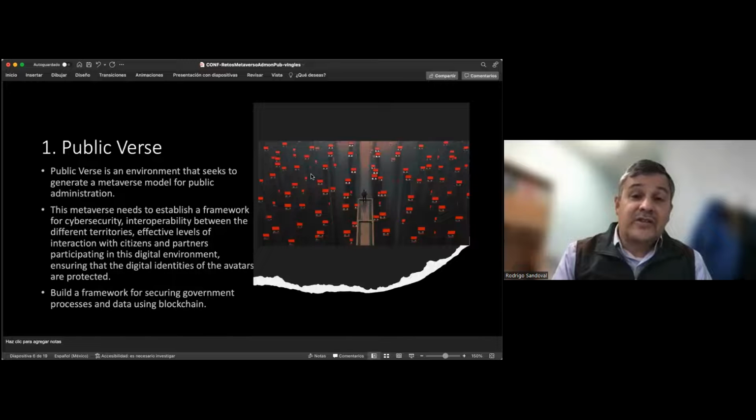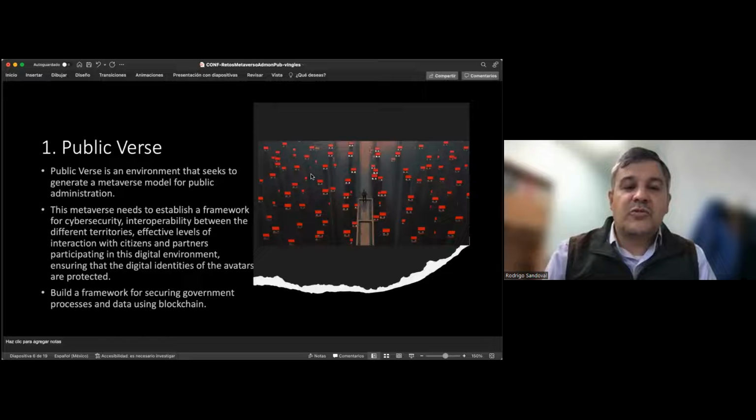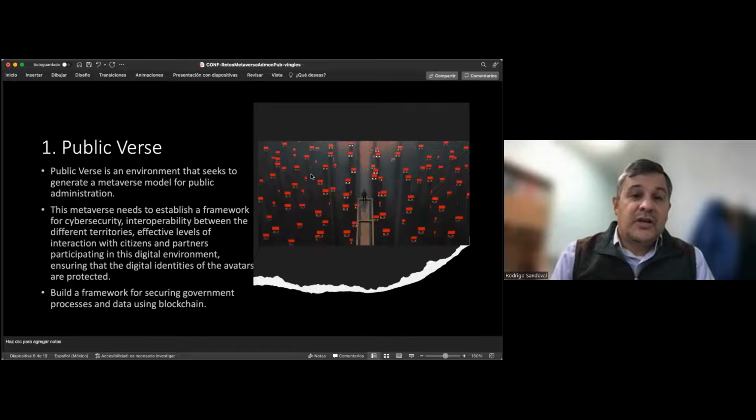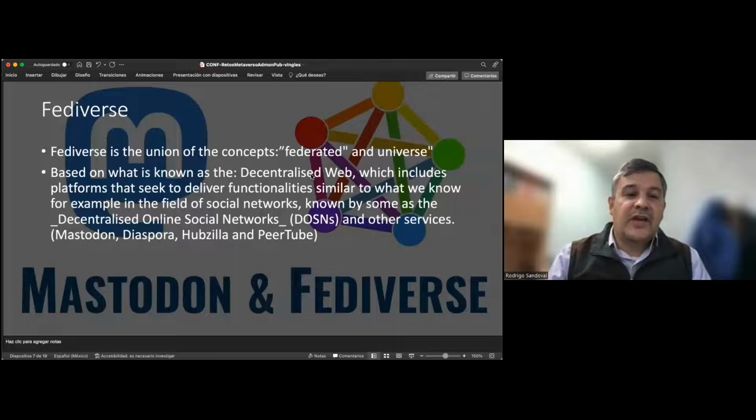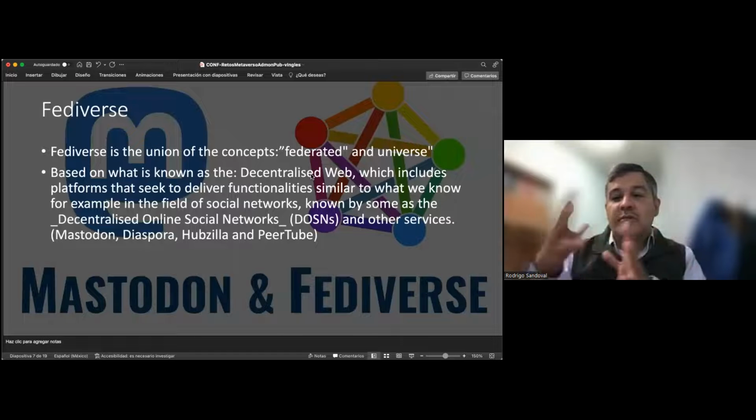This also guarantees security, maybe anonymity, data sharing, all the characteristics that we can have. The expectation is that we can use blockchain in order to produce this public verse. There is another complementary idea called the Fediverse, a concept about federated and universe.